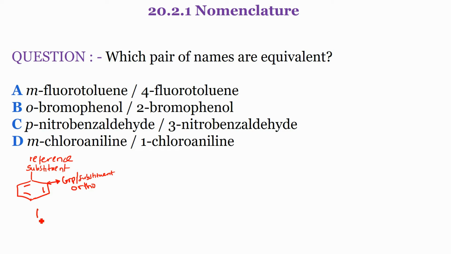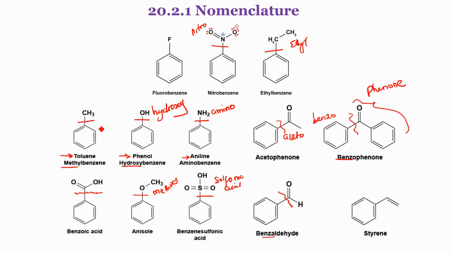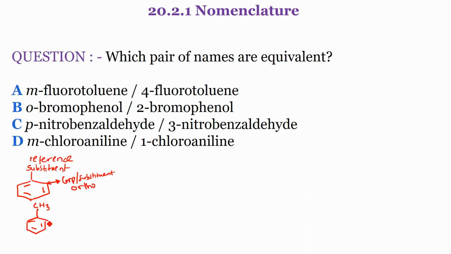So for example, let's say I have this structure. Remember in your slide we called this toluene. So your toluene has a Cl here. Because the Cl is next door to your reference group, the methyl group, which comes from the parent name toluene, this chlorine is ortho, next door, O-R-T-H-O.